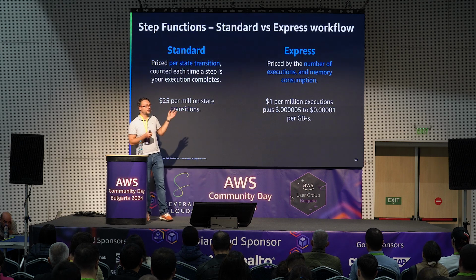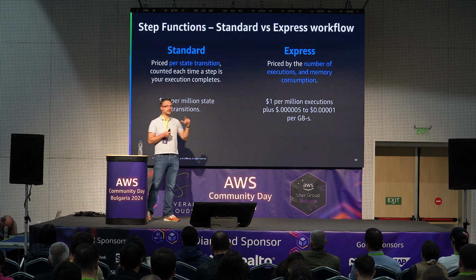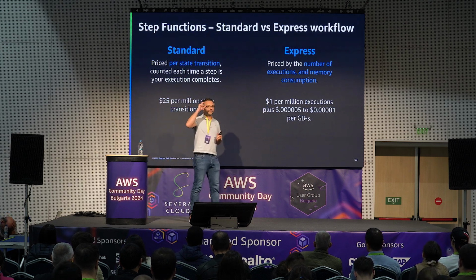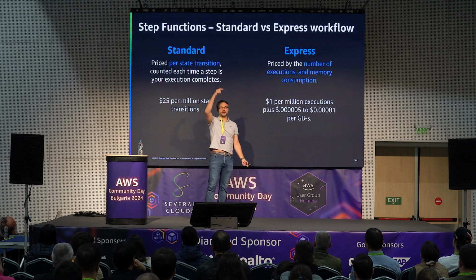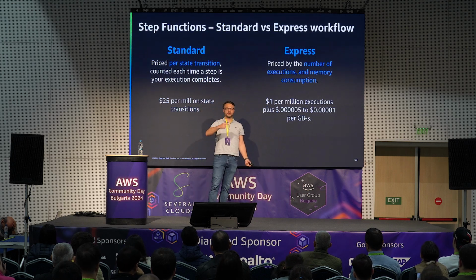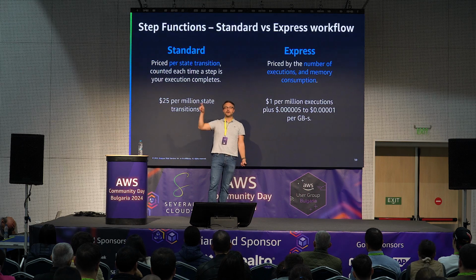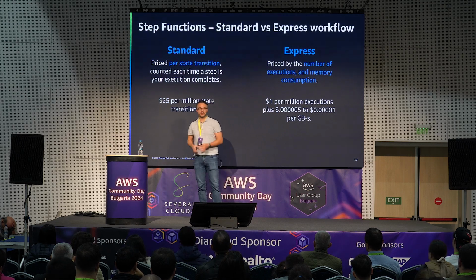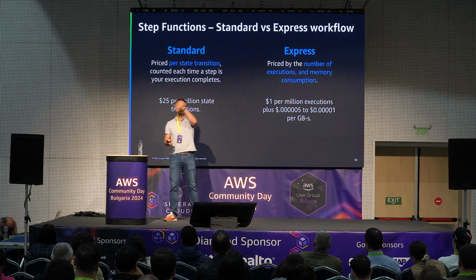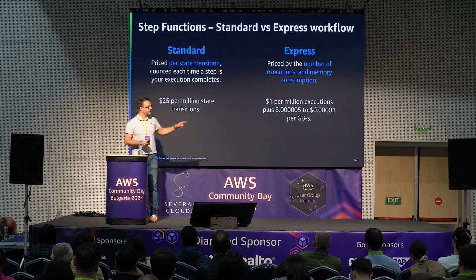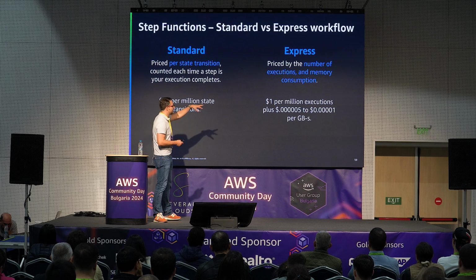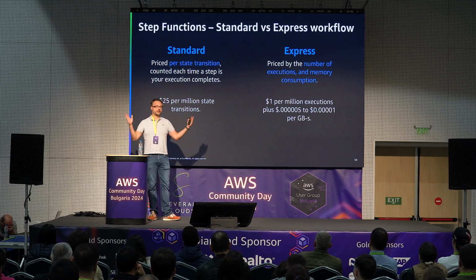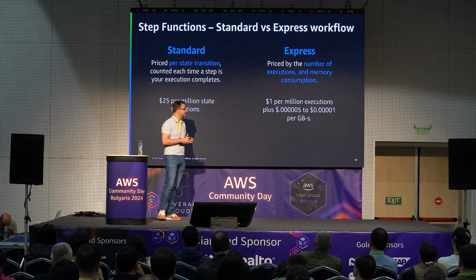There's Standard, and for Standard, you pay for transitions. So if you have a long workflow and you transition between different steps, or if you have, for example, a loop inside that workflow and you retry some things, for each transition, you will pay. While with Express, you pay only for the duration of the step function.